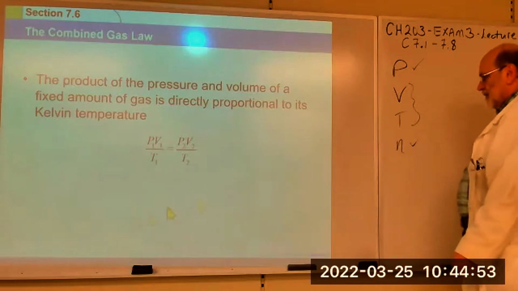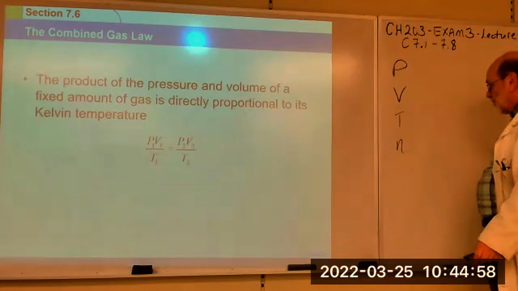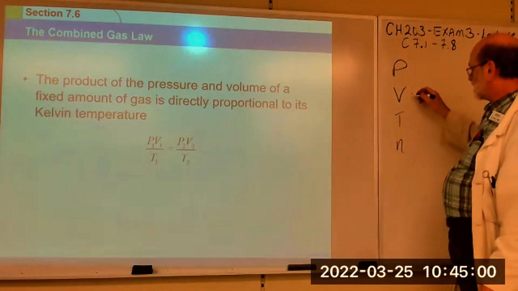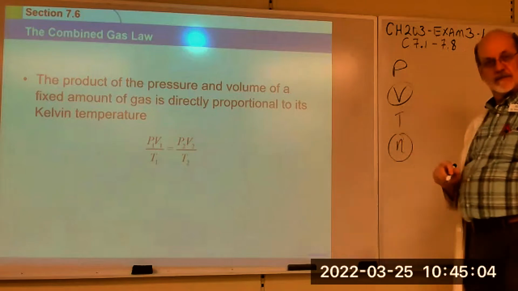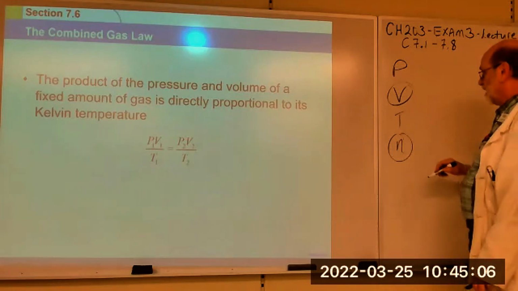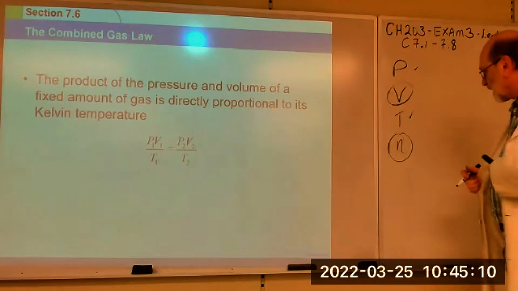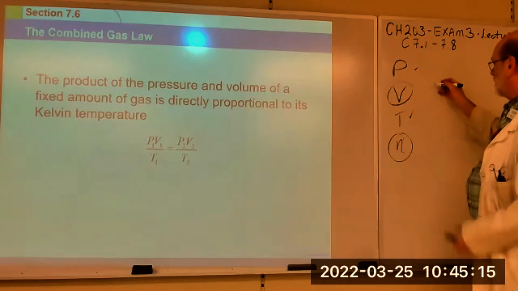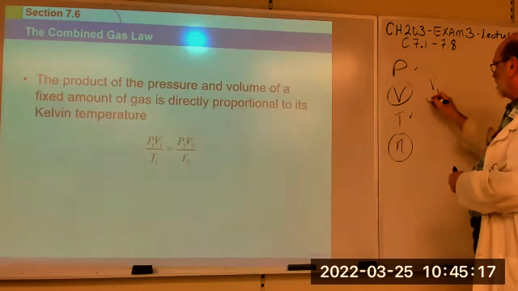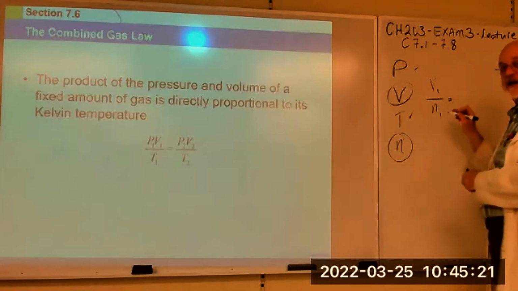What if, before we get into that one, you want to investigate volume and moles, the relationship there? Then temperature and pressure have to be constant. If we do that, then we get a relationship where the volume before of this many moles is equal to a constant.